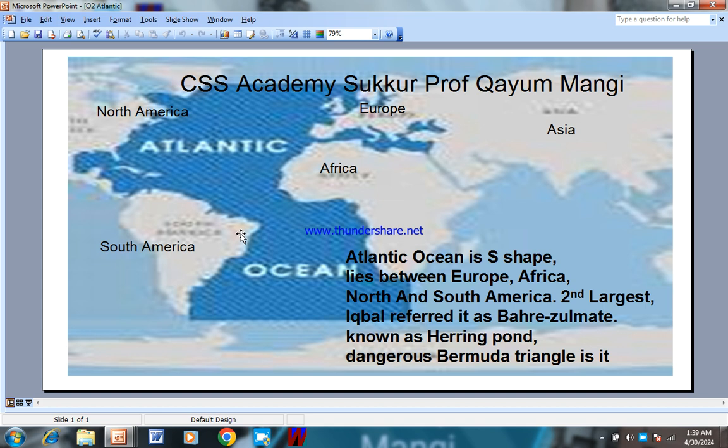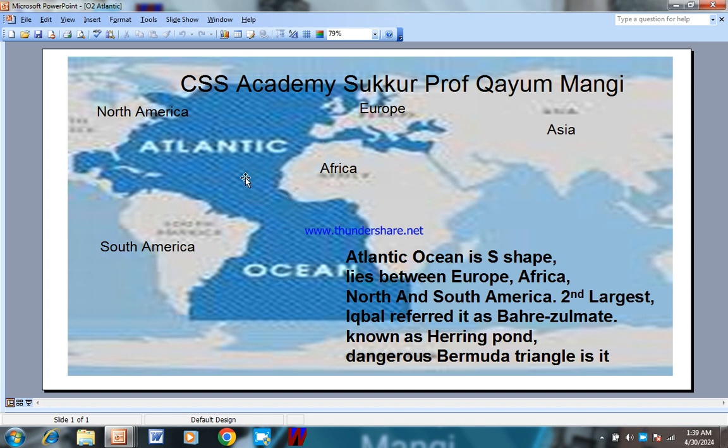It is the eastern part of North America, and east part of South America, and west part of Europe and Africa.